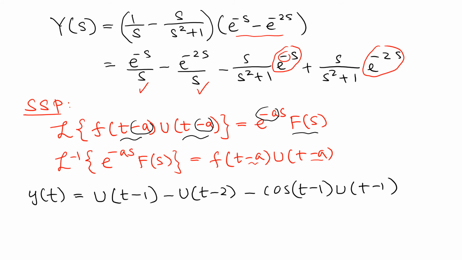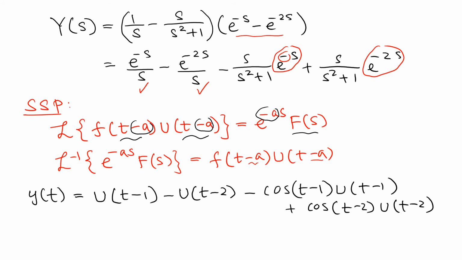Similarly for the second term, it is again cosine, but now it is cosine of t minus 2 times u(t minus 2). So that is what you get using switches.